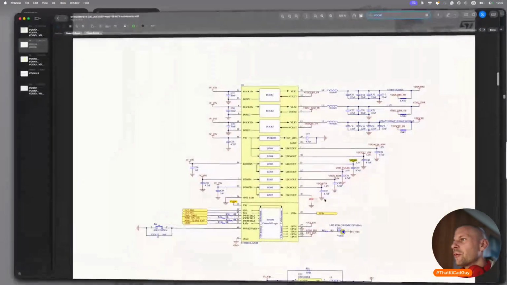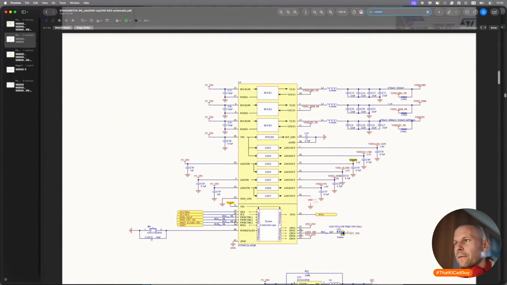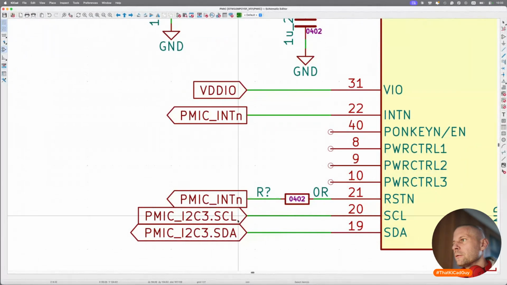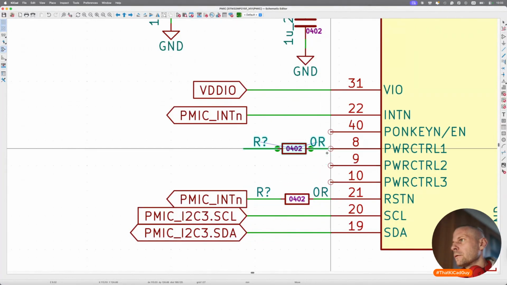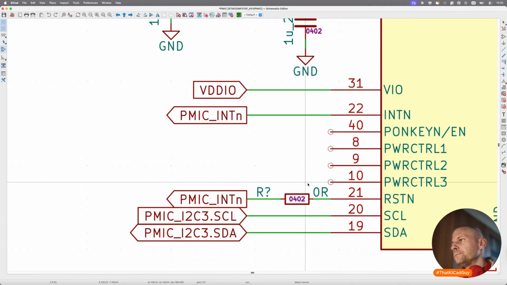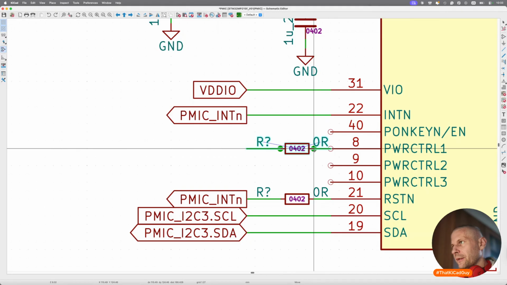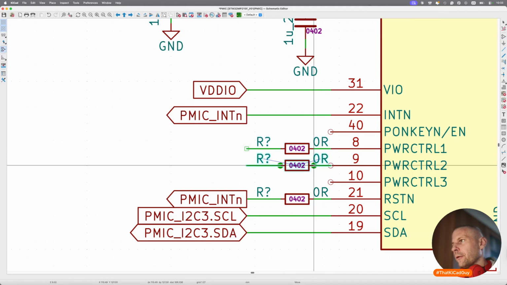Here, power control 1, 2, 3, all 0 ohms. See, I'm copying the on-grid elements, and yeah, now it works.